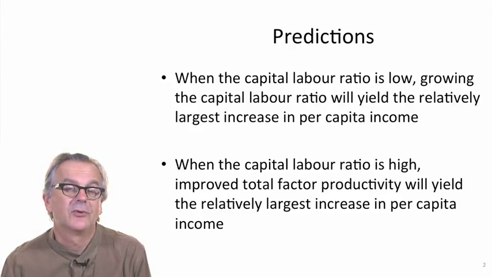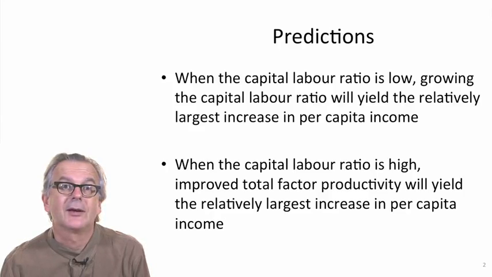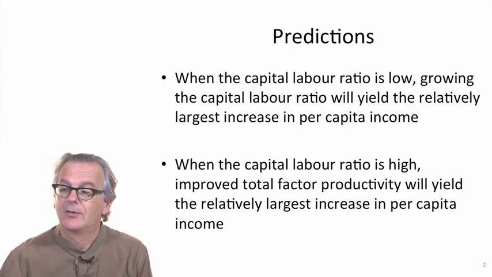But diminishing marginal productivity means that that's not necessarily appropriate for an economy that's beginning with an already high capital labour ratio. There, the path to further increases in per capita income will be total factor productivity. These themes will actually be important as we develop this particular model of economic growth.